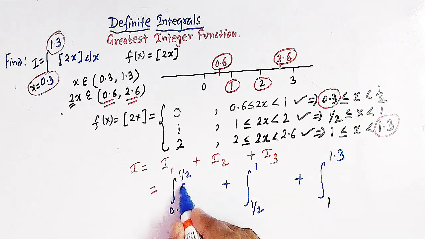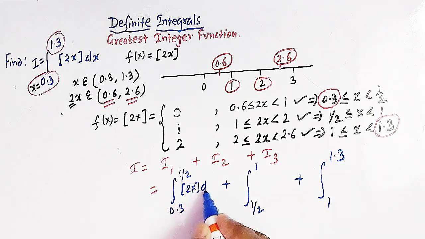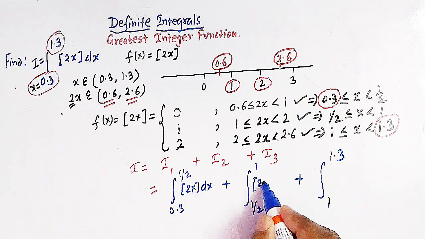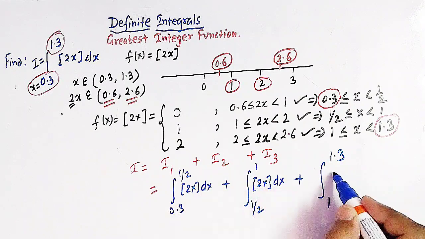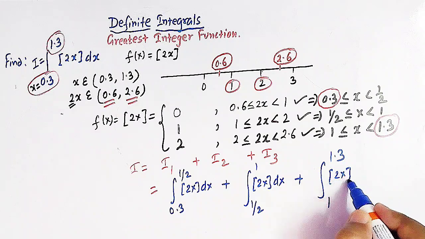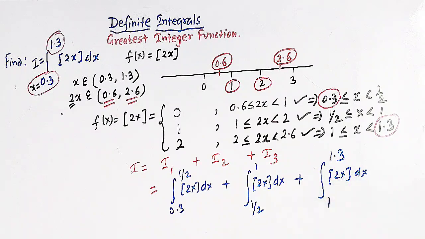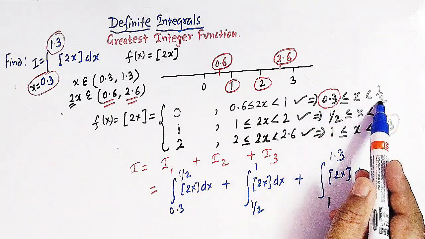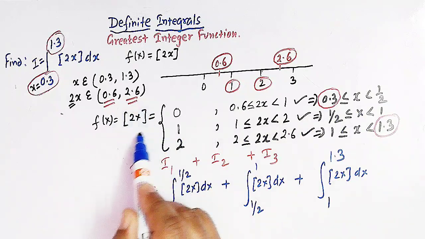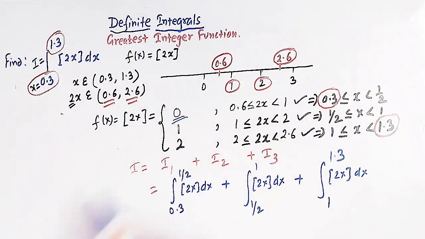And here we have greatest integer of 2x dx, here also greatest integer of 2x dx, and here also greatest integer of 2x dx, right? Now see, when x lies between 0.3 and half, the value of greatest integer of 2x is 0, right?